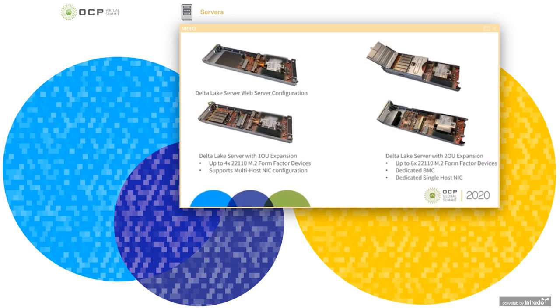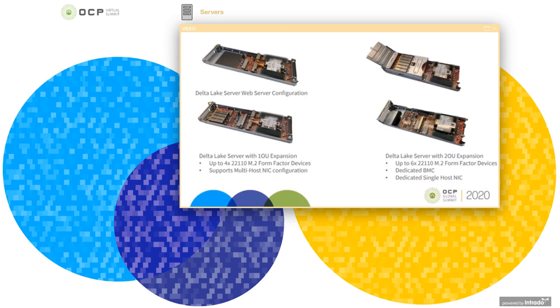If we move to the right, you can see there is a new 20U expansion form factor. This will allow for a couple different things that vary from the original web tier or 10U expansions. If you look at the top right, there is expansion for up to 6 more M.2 22110 devices.